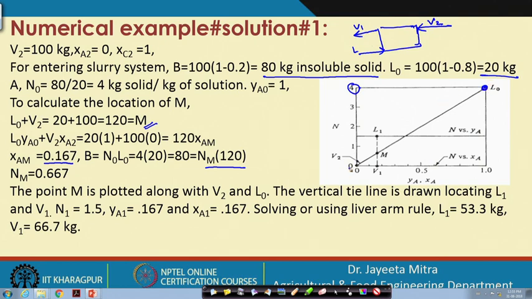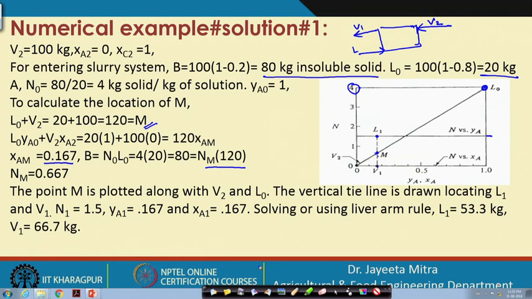Now, it says that n has to be fixed at 1.5. So, this line is showing. Okay. And when this line is getting mixed, because two streams are coming, the L 1 stream and V 1 stream, this line has to pass through this point. Okay.